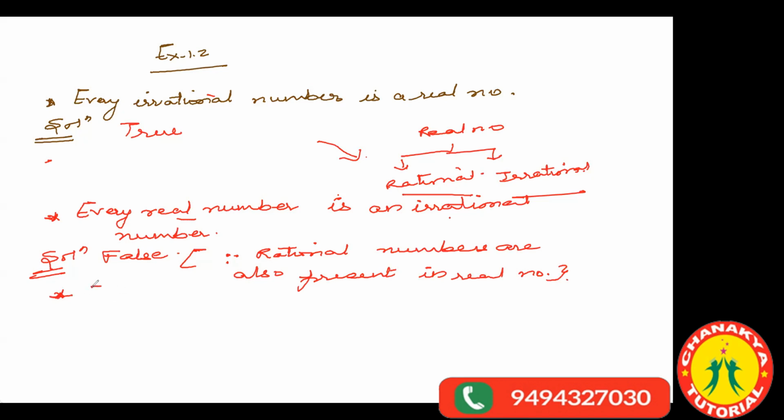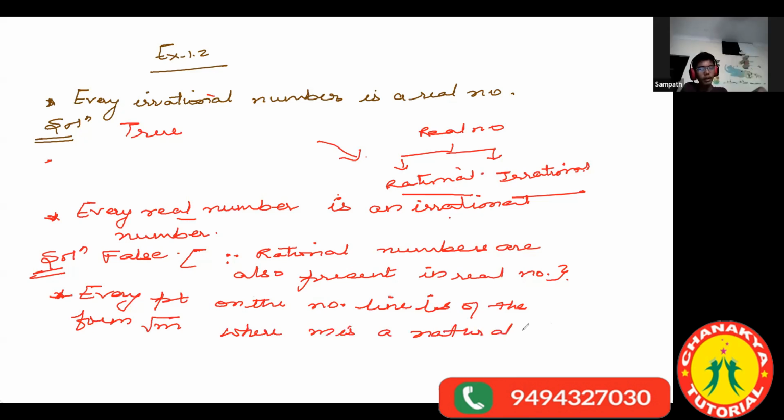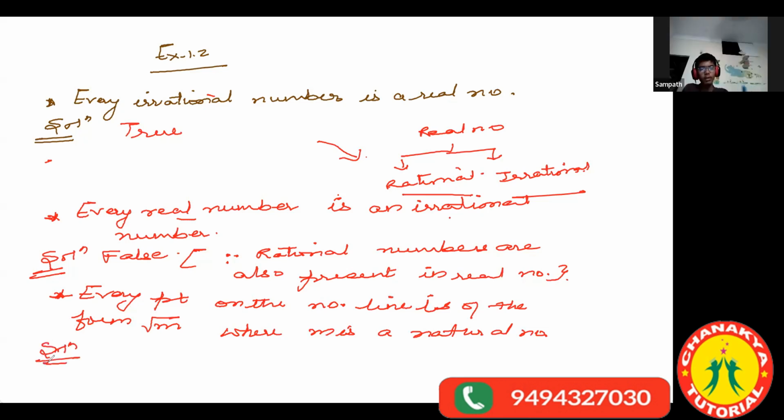Now, Sampath. Next is every point on the number line is of the form root m, where m is a natural number. Is it correct?